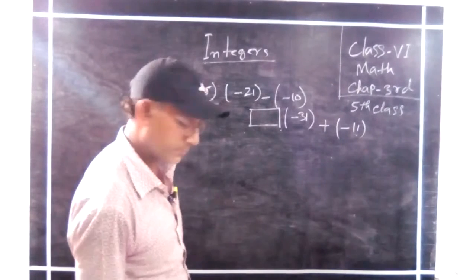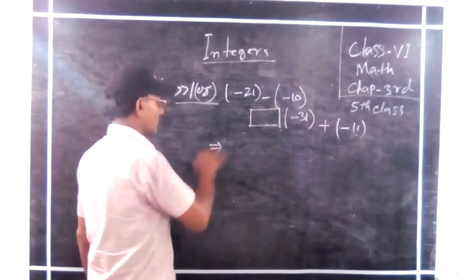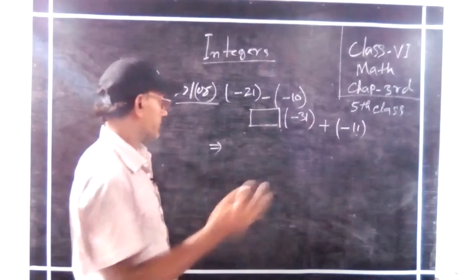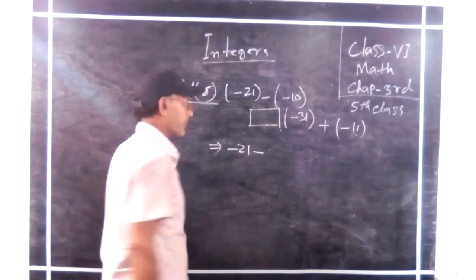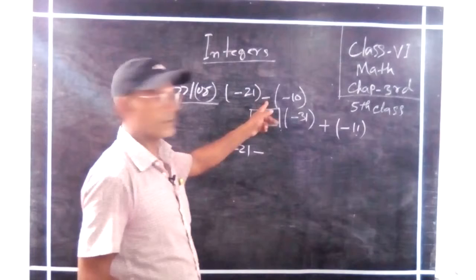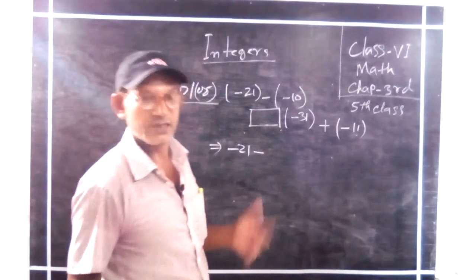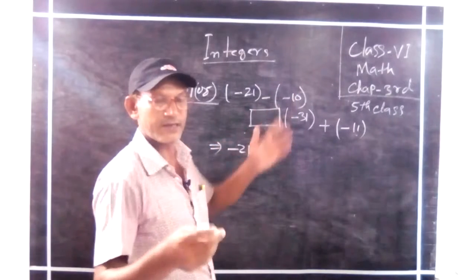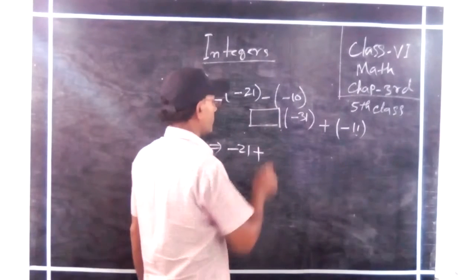So here we'll do the sum. We can write here minus 21, the same number, minus 21, and minus, that means subtract. Subtract means adding the positive inverse of that number. Positive inverse of minus 10, that means plus 10.